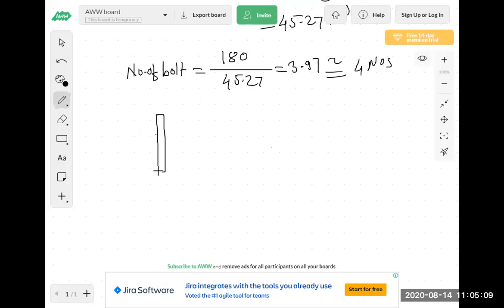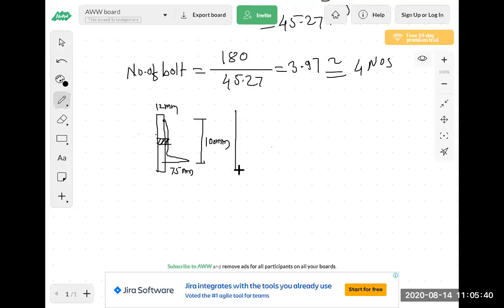So here only you have to draw the figure. They have given this 12 mm thick gusset plate. Then we have selected an angle. We have connected this angle to this gusset plate. So this side is 100 mm. This side is 75 mm.